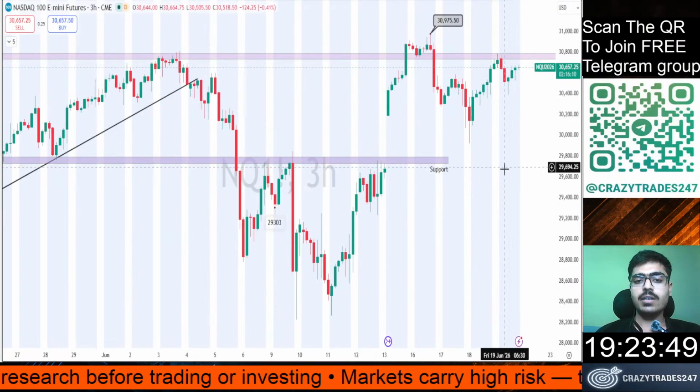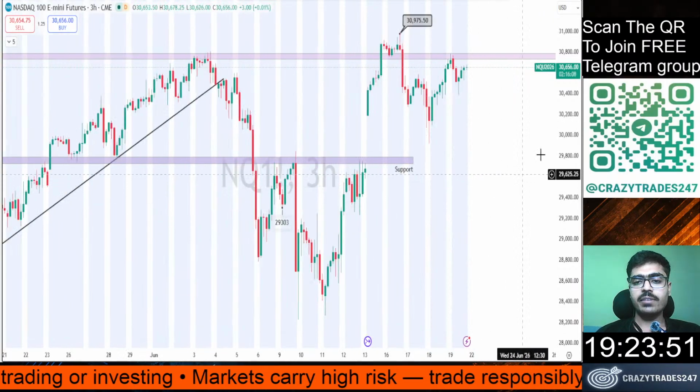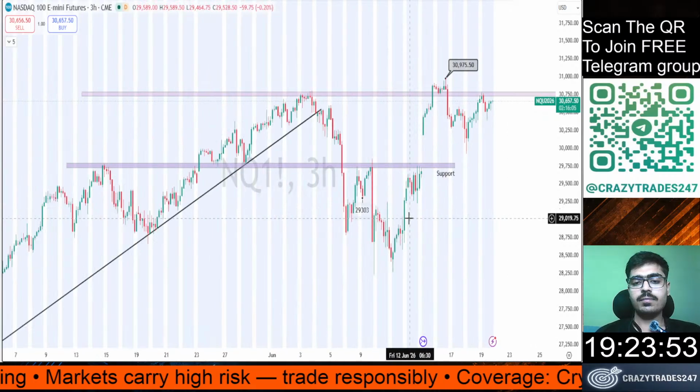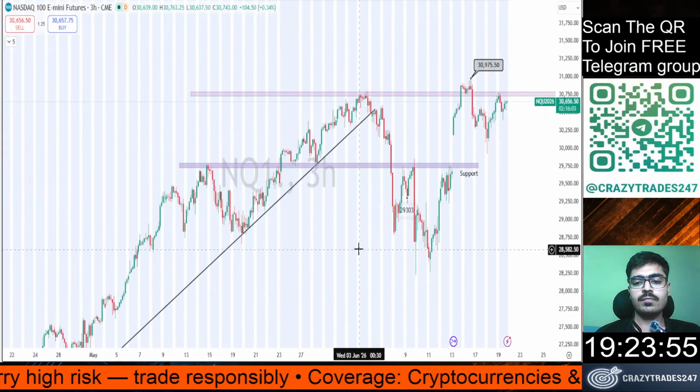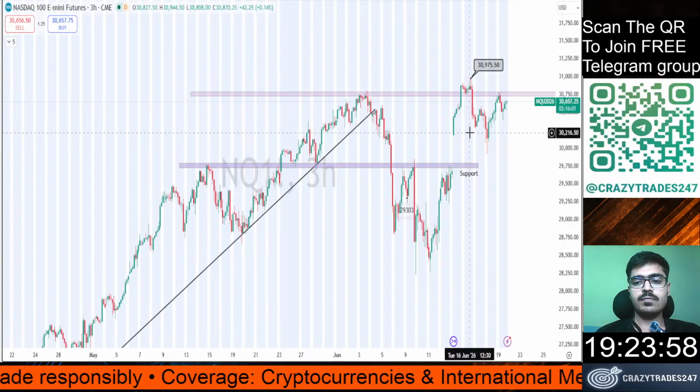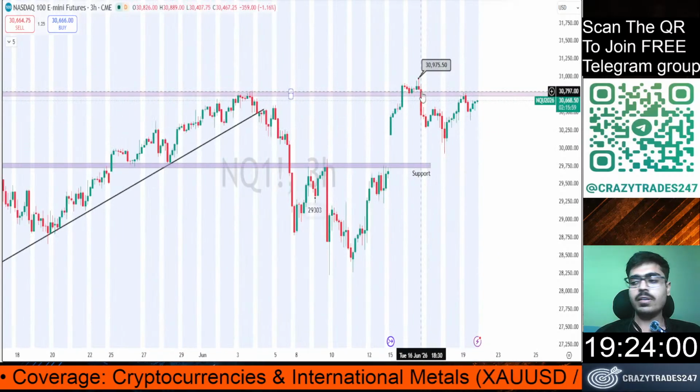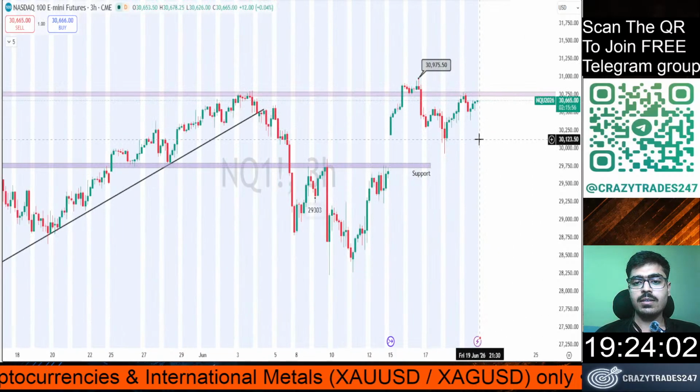This is the Nasdaq chart on 3 hourly time frame. And price is consolidating near its resistance.